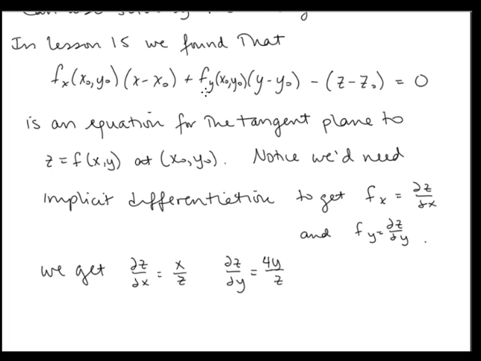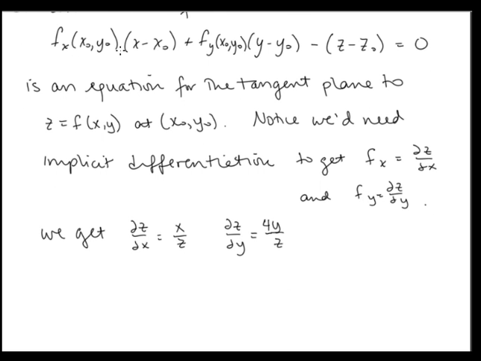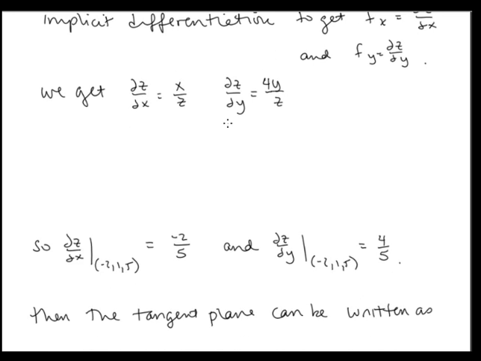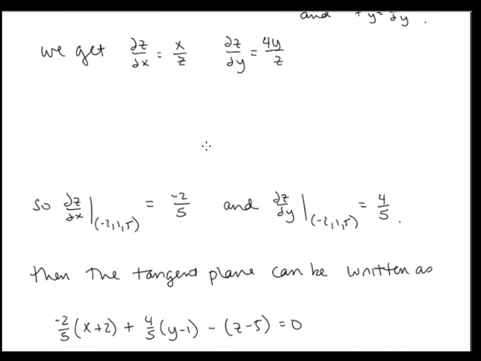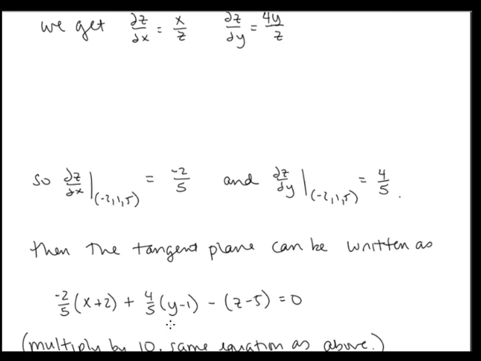And using implicit differentiation gives us partial z with respect to x is x over z, partial z with respect to y is 4y over z. And we can plug partial z with respect to x at negative 2, 1, 5 here, and partial z with respect to y at negative 2, 1, 5 here. So that's a negative 2/5 and a 4/5 for our partial derivatives at that point. And so the tangent plane can be written like this.